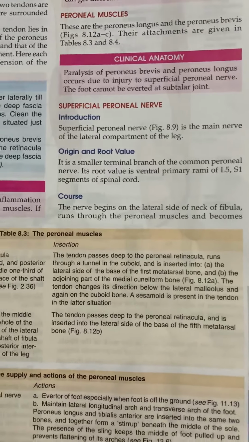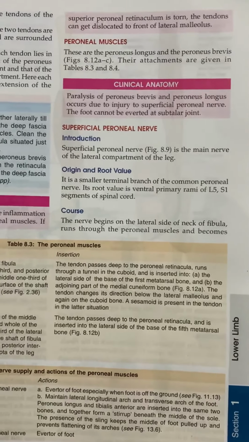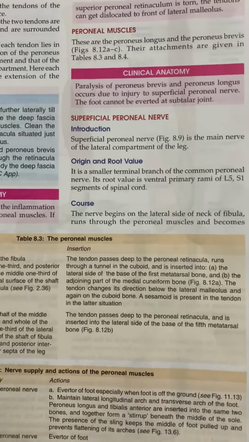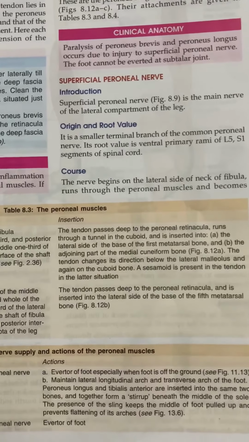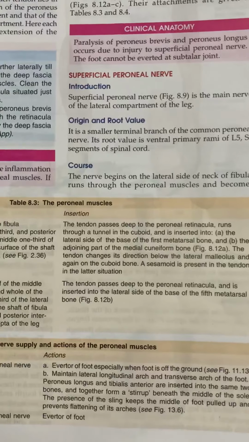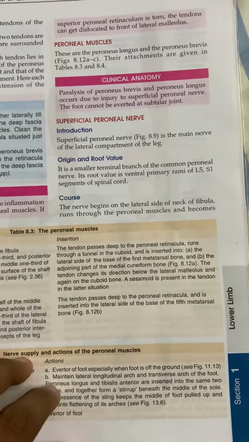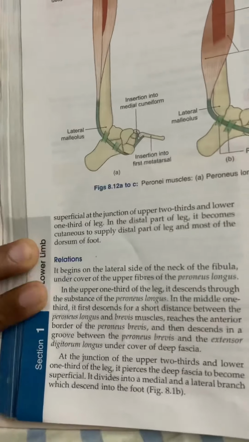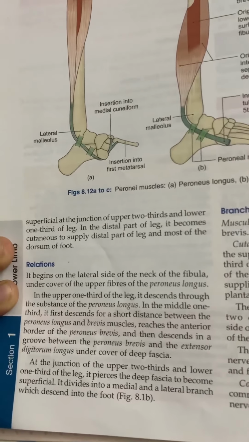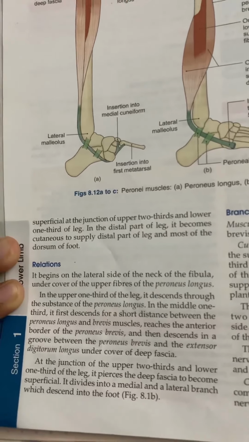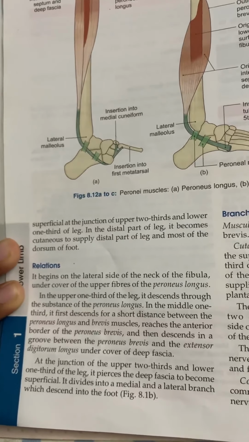It is a smaller terminal branch of common peroneal nerve. As I told you again, the common peroneal nerve winds around the neck of the fibula. So this begins there. This superficial peroneal nerve, the branch from it, runs through the peroneal muscles, and then it becomes superficial, and in the distal part it becomes cutaneous.